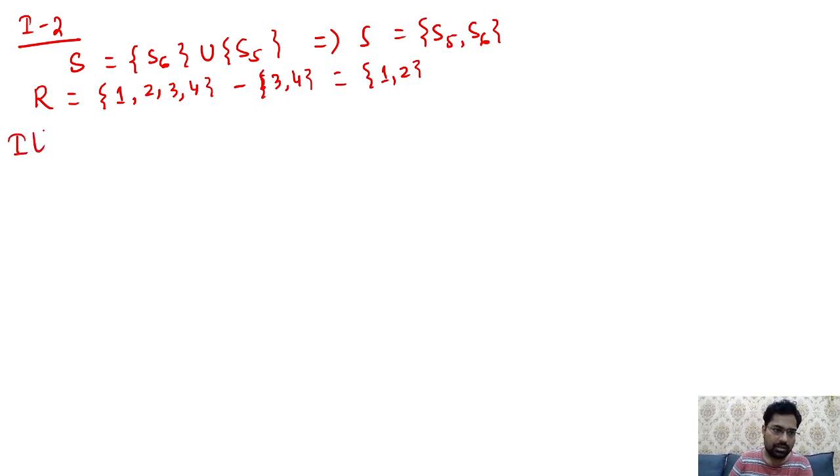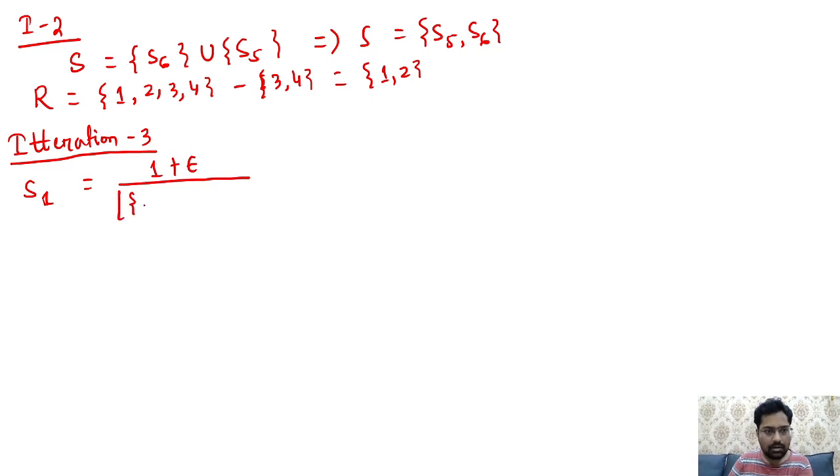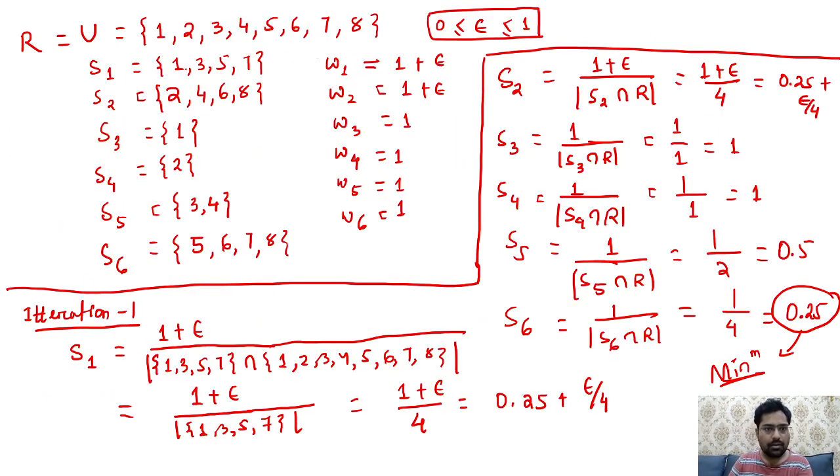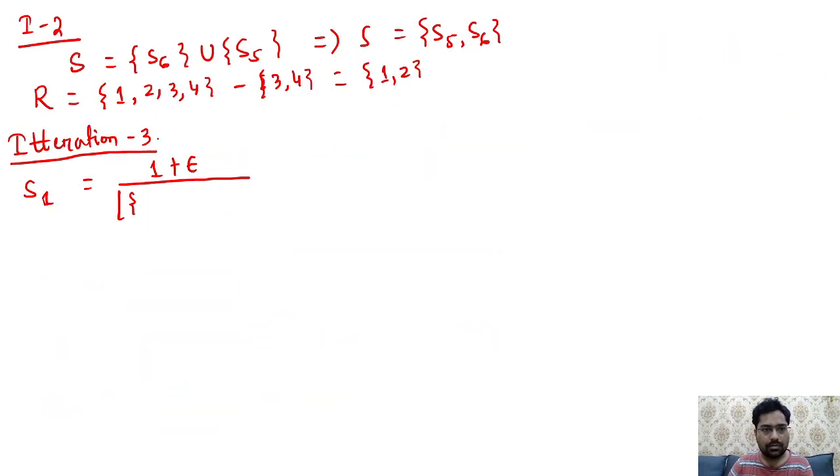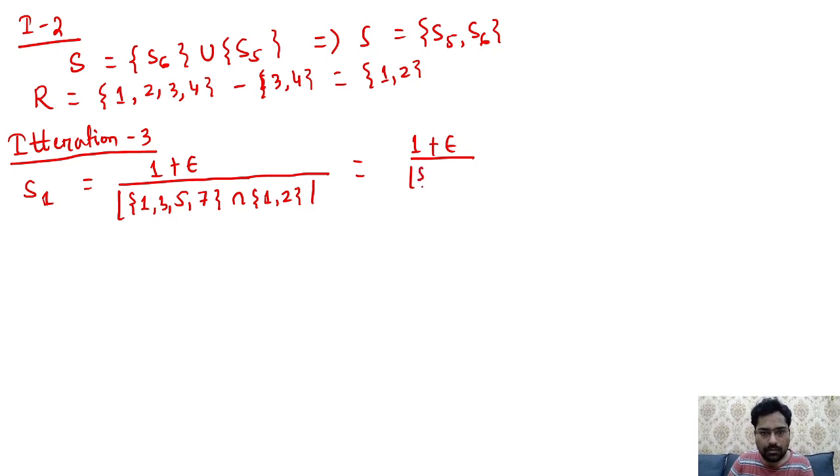Next, iteration 3. Here S1 will have weight 1 plus epsilon, and the elements it captures are 1, 3, 5, 7, intersection with 1, 2. So definitely you can get the value as 1 plus epsilon divided by the value present; only 1 will be in the intersection.